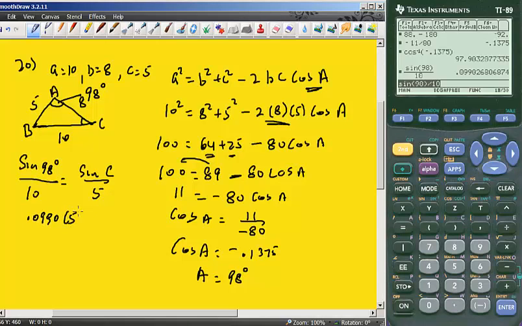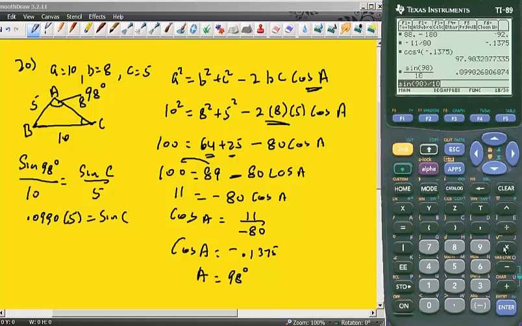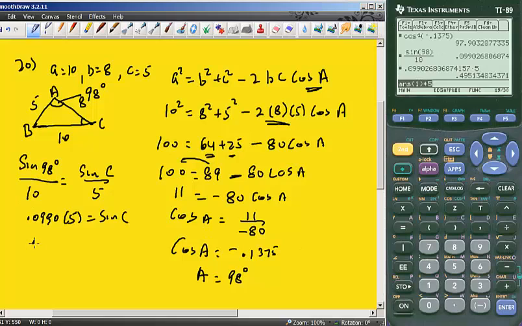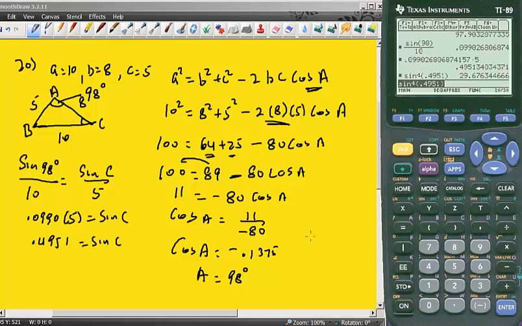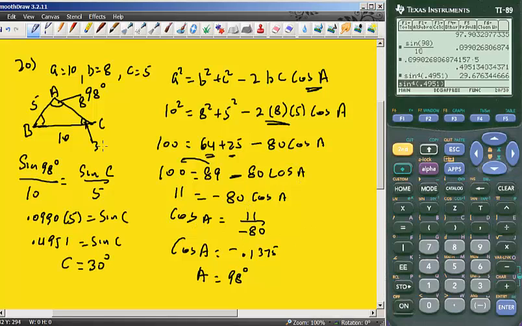And then we'll multiply that by 5 is equal to sine of C. So times 5, and that is 0.4951 is equal to sine of C. And then we're going to take inverse sine of 0.4951, and that turns out to be 30 degrees.